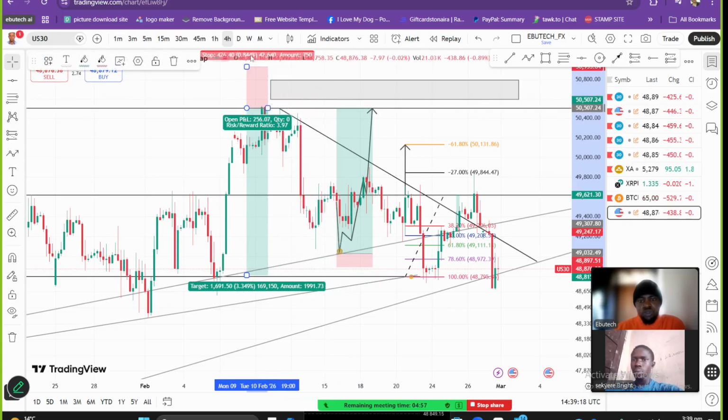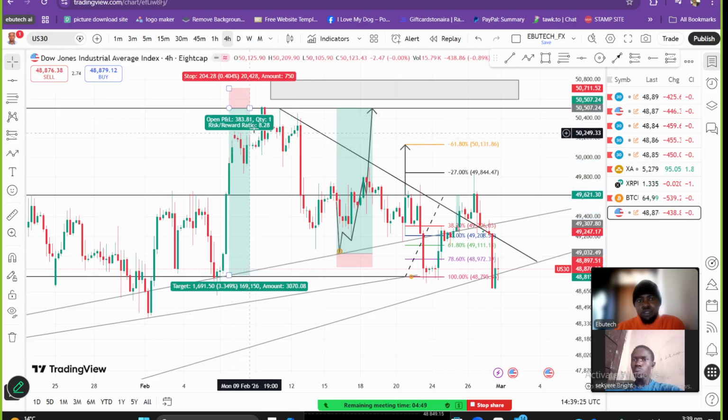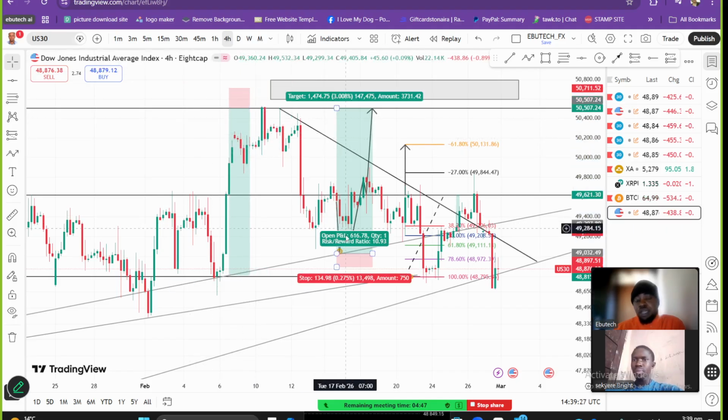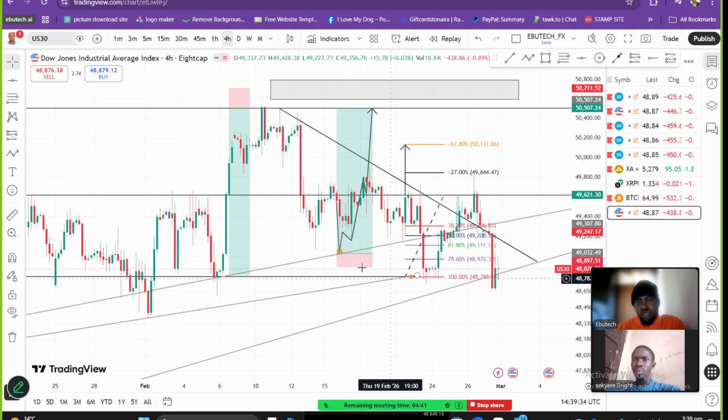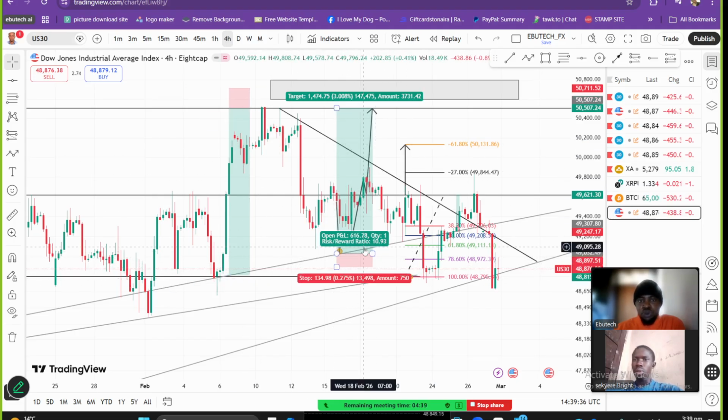So now you can say if this market comes here, I'm going to be selling this market because it's already at your zone of your POI, point of interest. The same thing goes to buying.